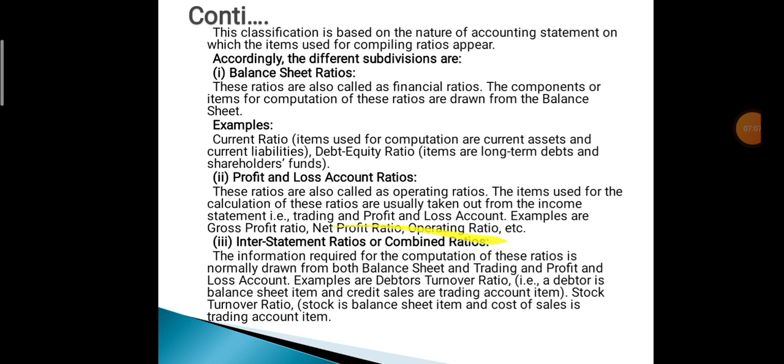Now coming to the explanation regarding the traditional classification. The different subdivisions are balance sheet ratios. These ratios are also called financial ratios. The items for computation of these ratios are drawn from the balance sheet.